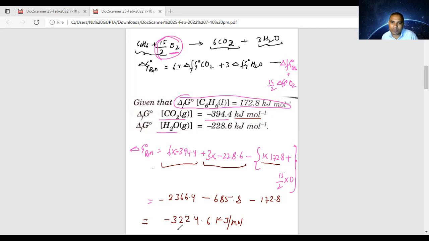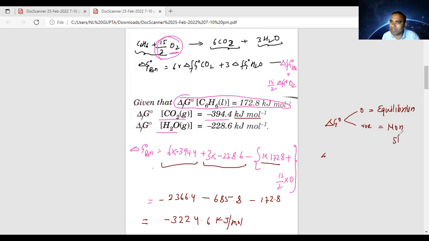Now they are asking whether this will be spontaneous or not spontaneous. Before that I told you, for the spontaneous case, if delta G naught is 0, this is the equilibrium case. If delta G naught is positive, positive means non-spontaneous.